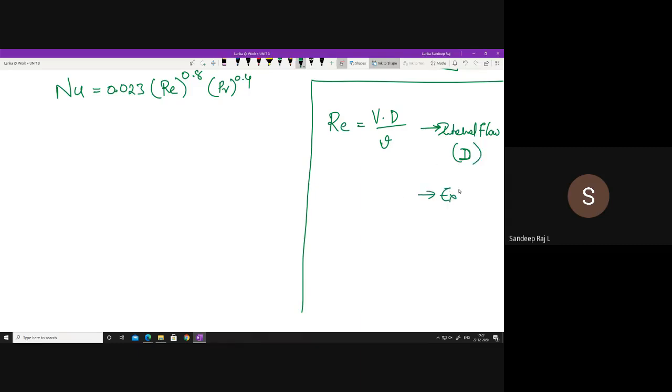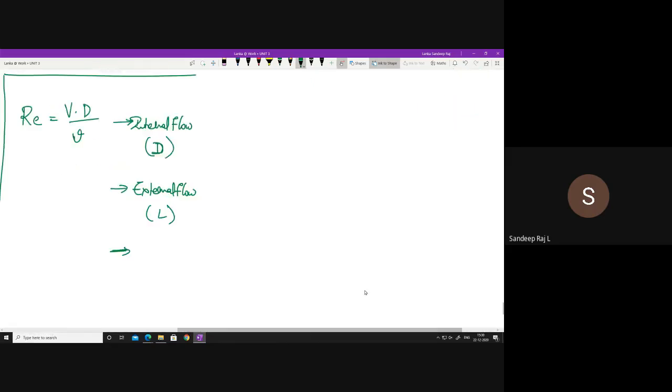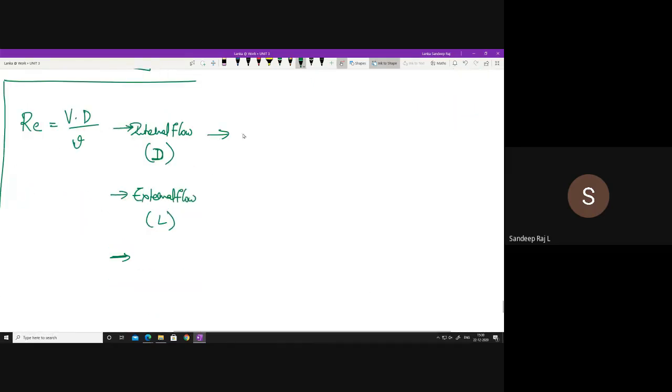If it is external flow, you have to use L. If it is the internal flow special case of non-circular, what you have to do is use the hydraulic diameter, which is actually 4A by P.